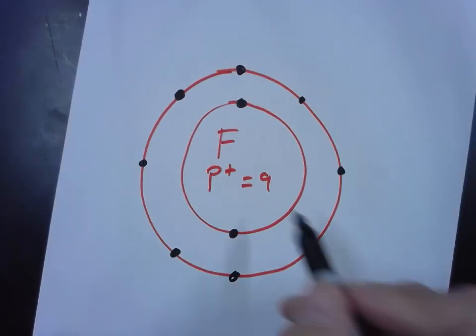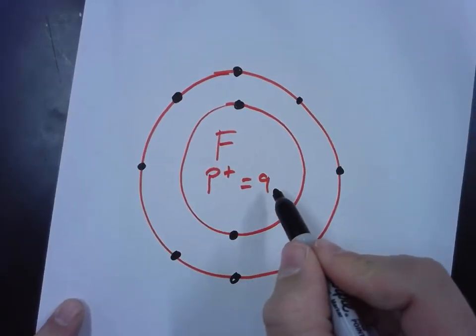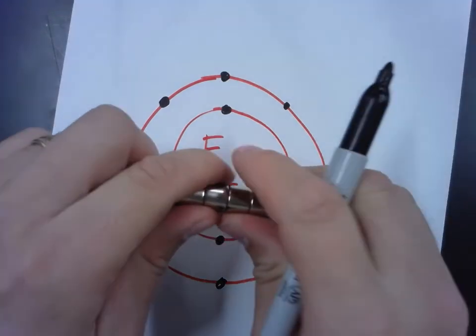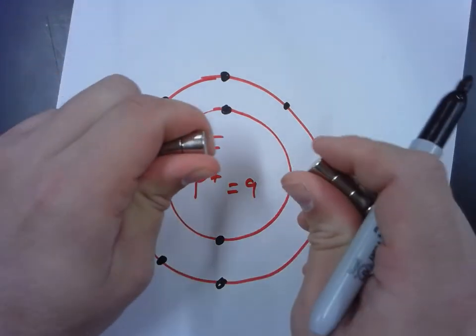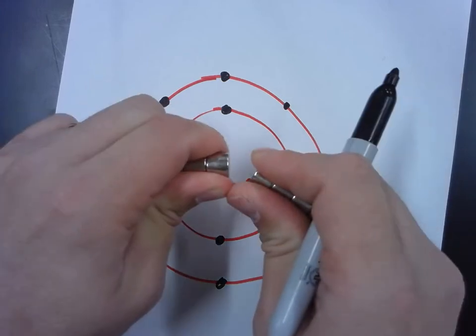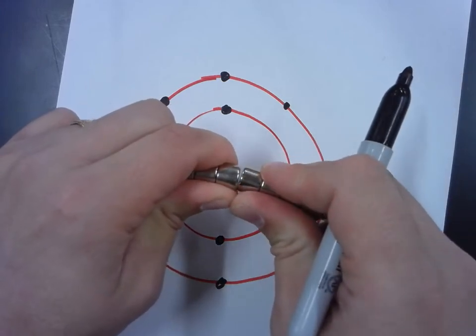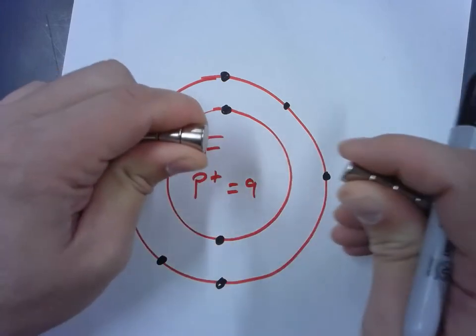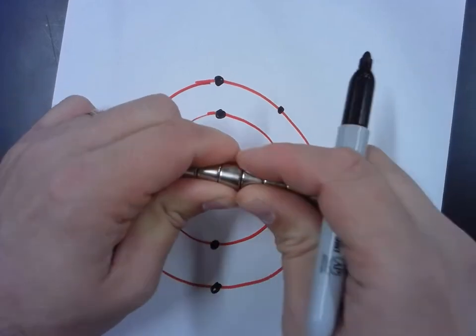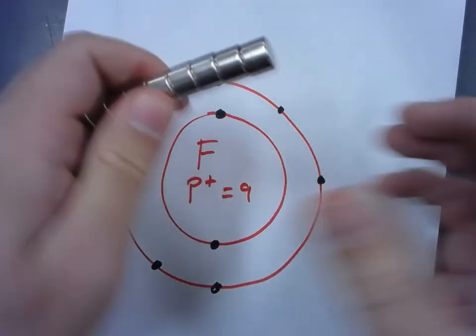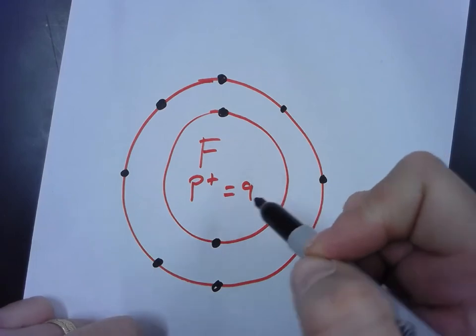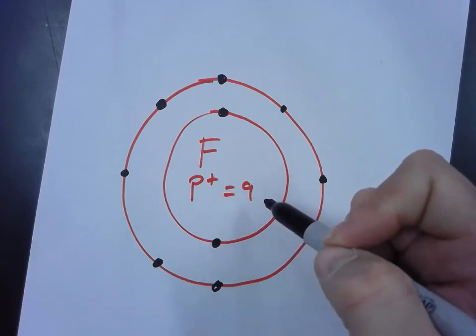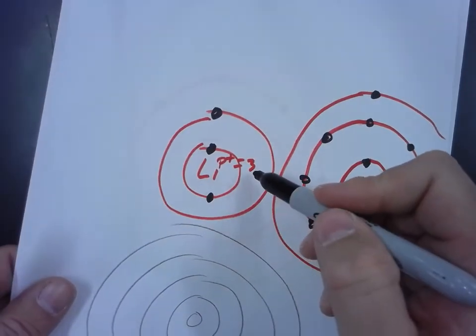Now you've got 9 protons. That strengthens the positive power of that nucleus, and what that does is bring in the surrounding electrons, because these are opposite charges. There are 9 of them in fluorine versus only 3 in lithium.